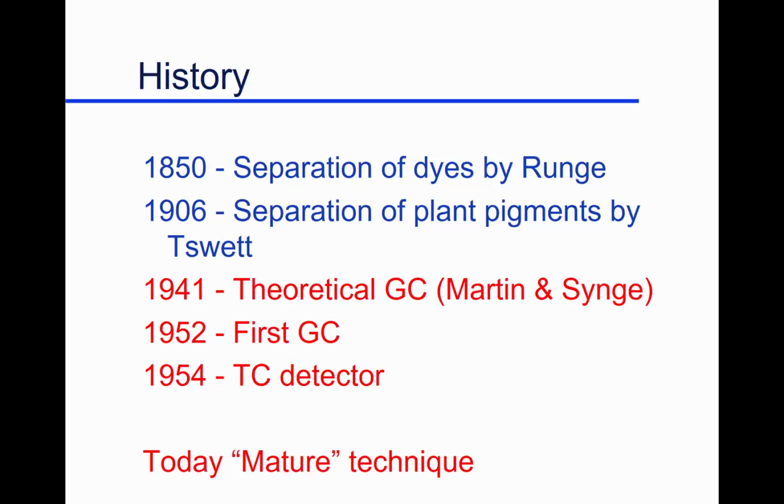From a history standpoint, chromatography started in something like 1850, and another landmark in here, 1906. Gas chromatography really started theoretically in 1941, a theoretical treatment that we could possibly do chromatography using a gas phase. That was absolutely new, a new concept.